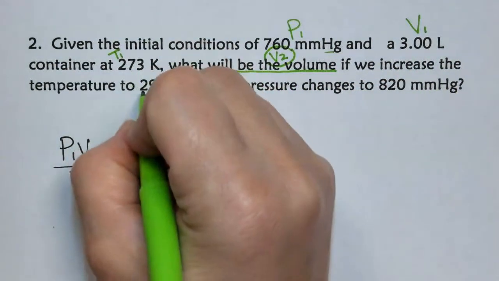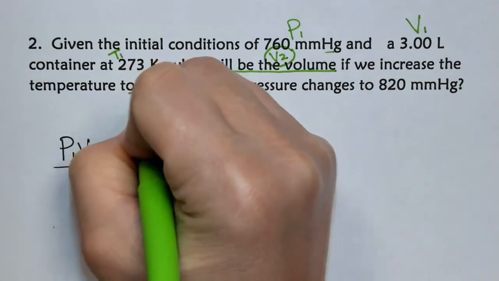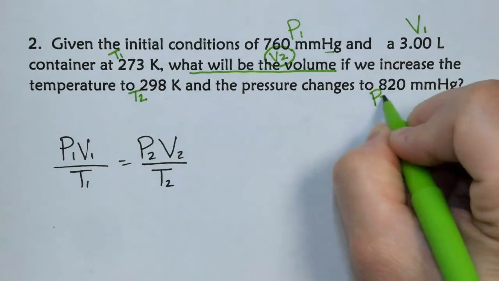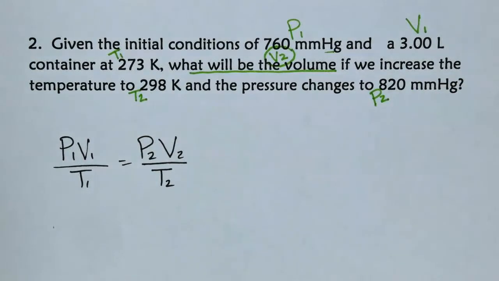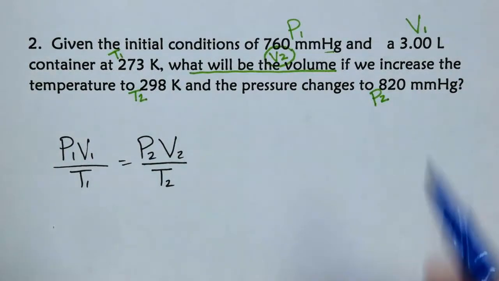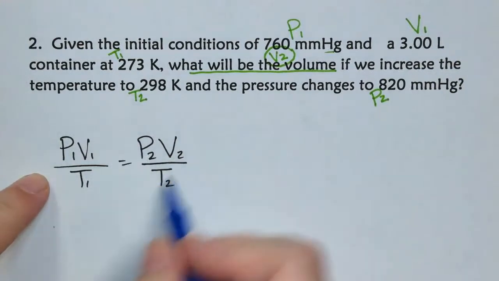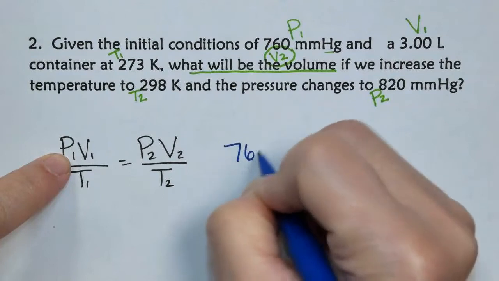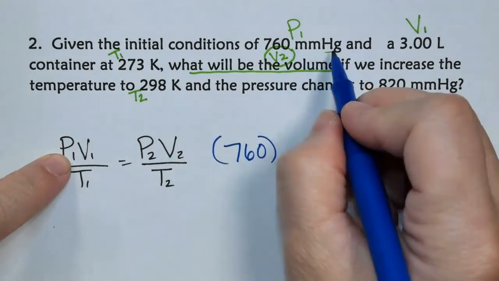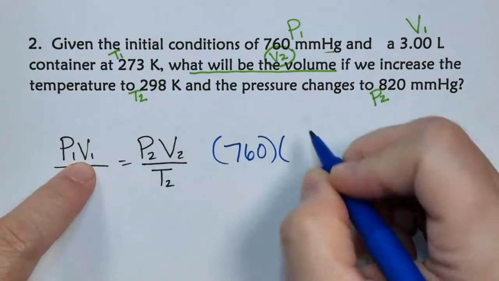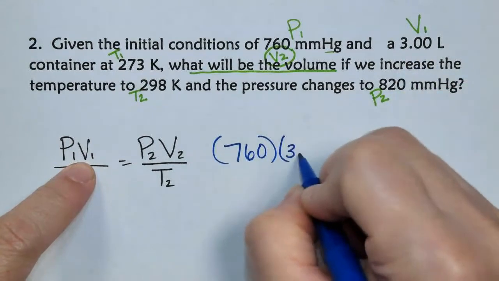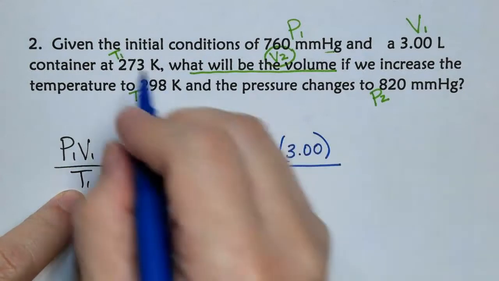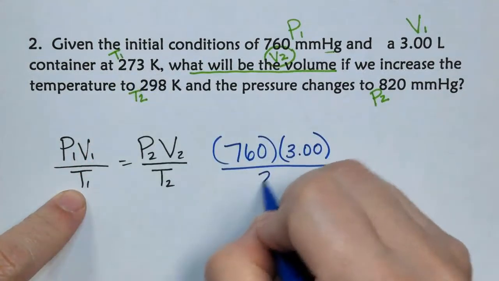If we increase the temperature to, so this is my T2, and if the pressure changes, and so this will be my P2. So now that I've identified everything, I'm going to pull it down and put it in my equation in this order. I'm going to put P1 first, which is 760 millimeters of mercury, times the V1, which is 3.00 liters, over the T1, which is 273 Kelvin.